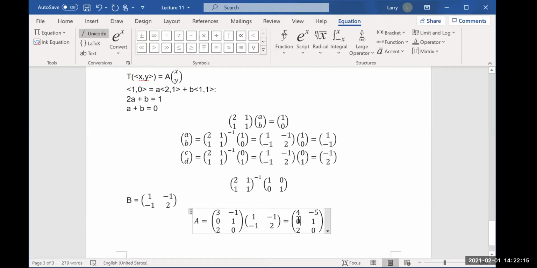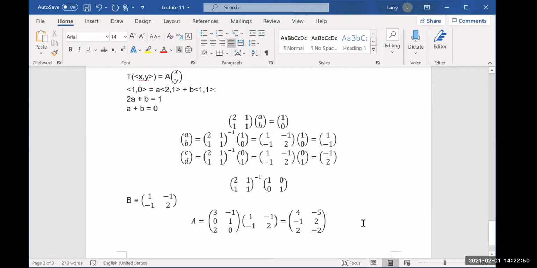You get -1. Then we take 0, 1 dotted with -1, 2. You get 2. And then we take 2, 0 dotted with 1, -1, and you get 2. And then we take 2, 0 dotted with -1, 2, and you get -2. Yep. And there's our matrix A.